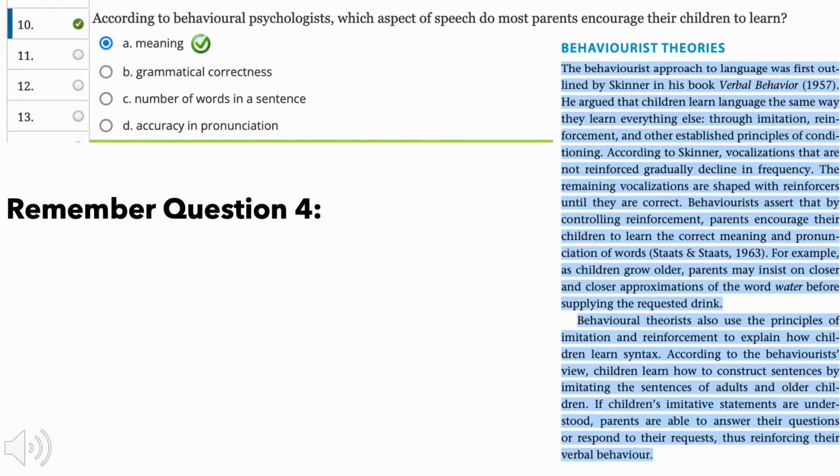According to the behaviorist's view, children learn how to construct sentences by imitating the sentences of adults and older children. If children's imitative statements are understood, parents are able to answer their questions or respond to their requests, thus reinforcing their verbal behavior. So the quick summary here is that whenever you see behaviorist and learning, think imitation.